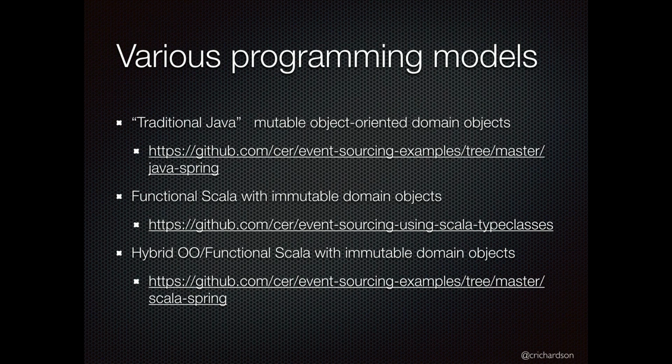I've created examples using a traditional Java object-oriented style where you have mutable domain objects. And then I've got a couple of different Scala programming styles, one which is very, very functional, and another one that's half OO, half functional programming. But in both cases, they have immutable domain objects. So hopefully I've given you a flavor of what this looks like, and in the next segment, I'm going to walk through some example code.